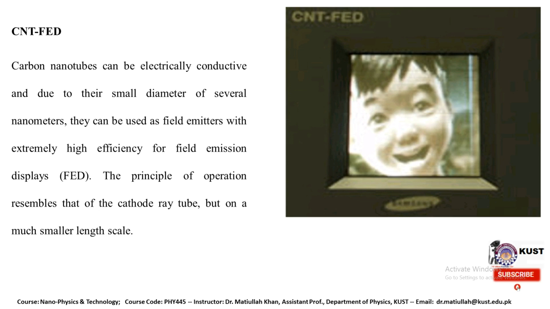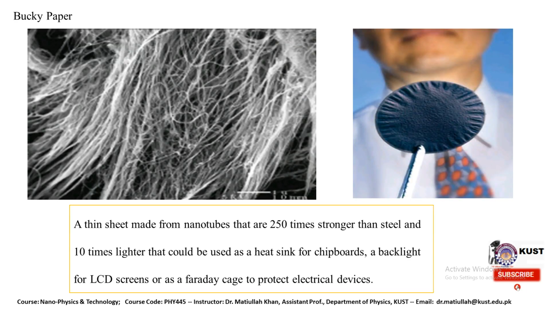Carbon nanotubes can be electrically conductive, and due to their small diameter of several nanometers, they can be used as a field emitter with extremely high efficiency for field emission display. Just like we can use this for various types of display, and this principle of operation resembles that of the cathode ray tube, but on a much smaller scale.